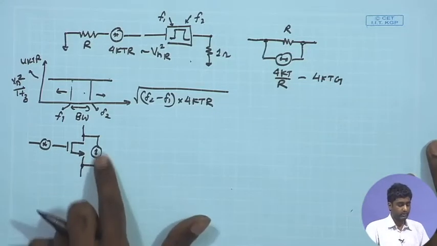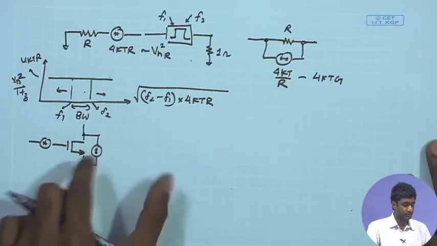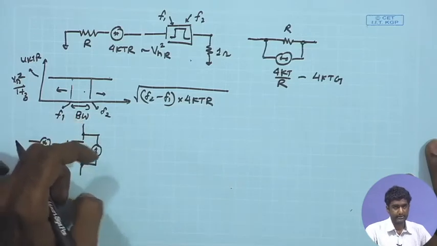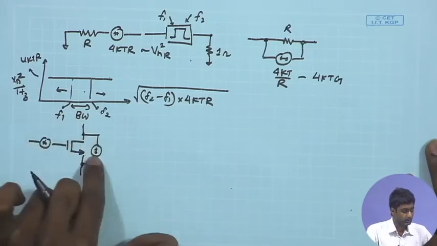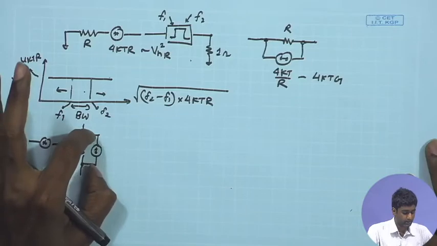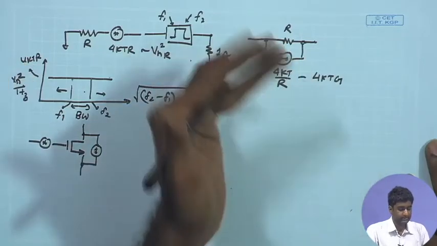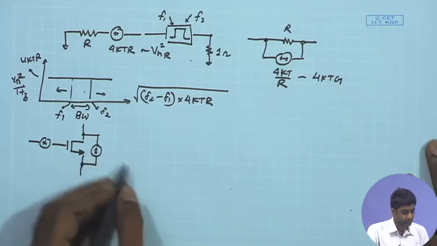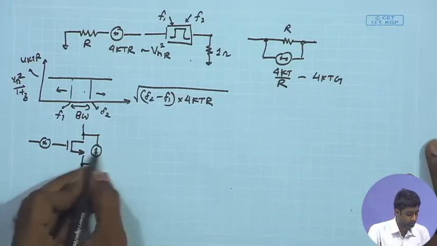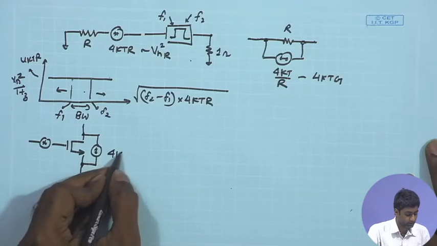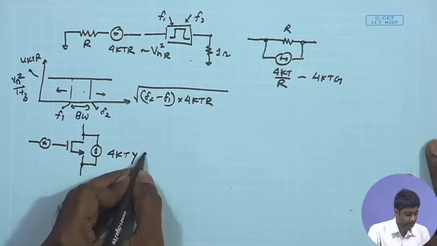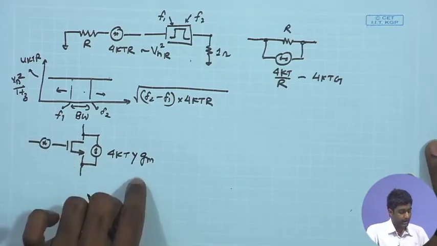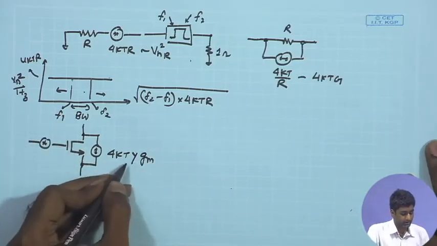Likewise, for the MOSFET you have this channel which is conducting the current, and it has some equivalent small signal resistance across which the current is flowing. So, that is going to ultimately control the channel conductance and hence the noise. For the MOSFET noise, we have an overall channel noise current represented as 4kT gamma Gm, where Gm is the transconductance of this MOSFET and gamma is a constant term.